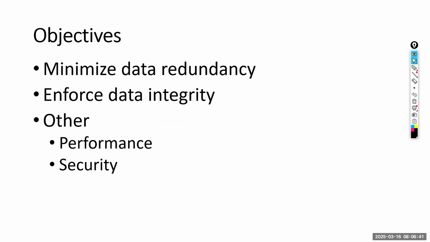Here we look at database or data designing. Our main objectives include minimizing data redundancy or data duplication and enforcing data integrity. We also need to think about other aspects like performance and security as well. A good design will fulfill these objectives.